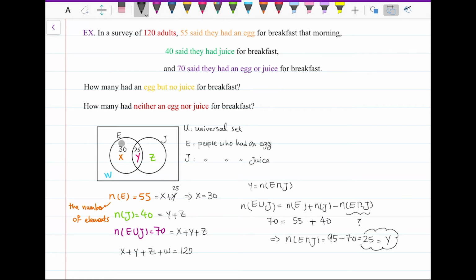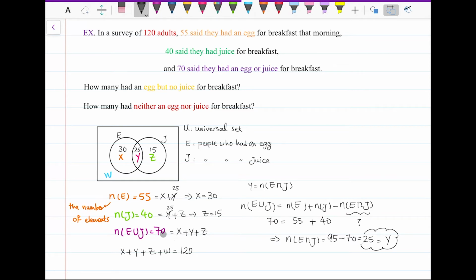So I have 30 people in just this area, 25 in the intersection, and 25 in here. Based on this equation, z equals 40 minus 25, which is 15. So I have 15 people in just J. And so this is 70.